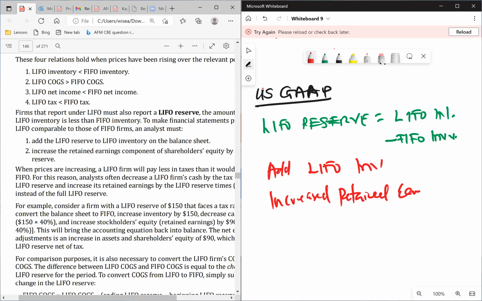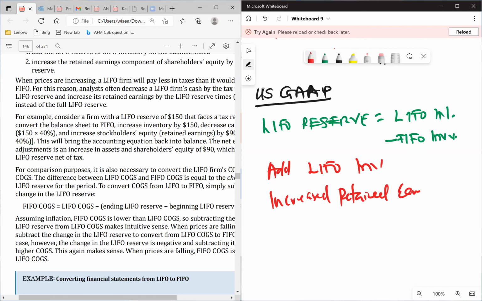Then the LIFO reserve adjustment to FIFO cost of goods sold is this. So FIFO cost of goods sold can be adjusted for.